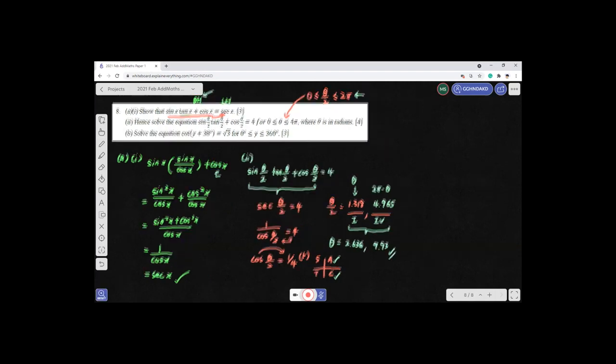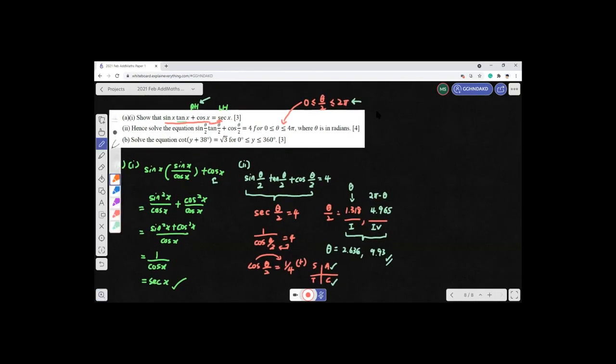Then for B, solve the equation when you have cot. So when it's cot, I change to tan automatically. Tan(y + 38°) is equal to 1 over √3.